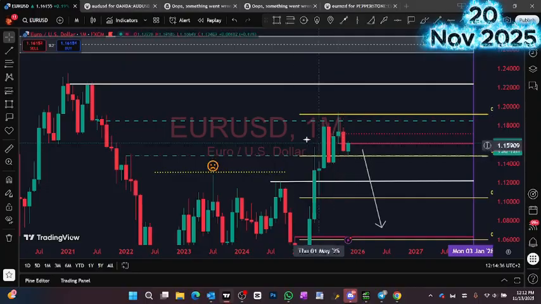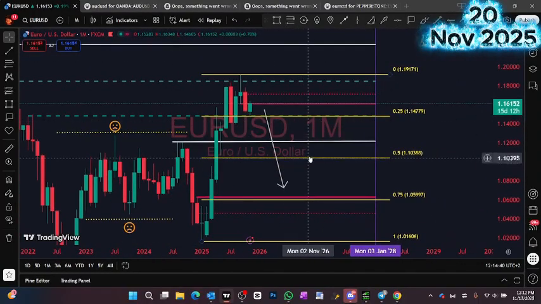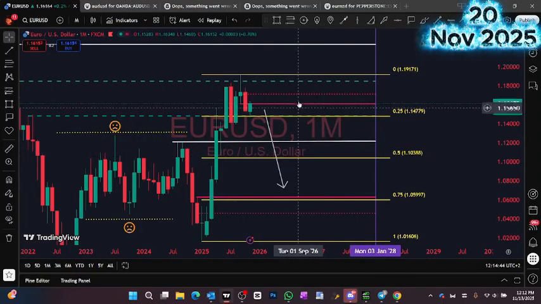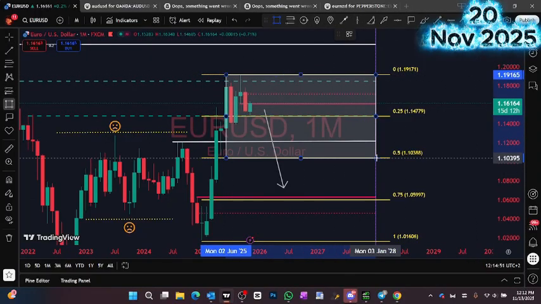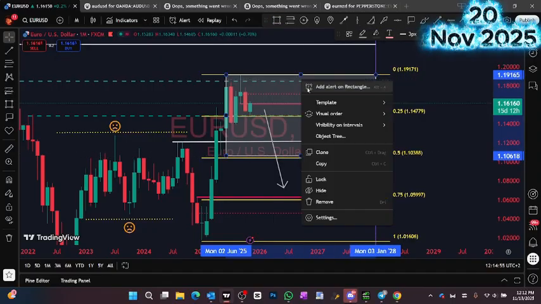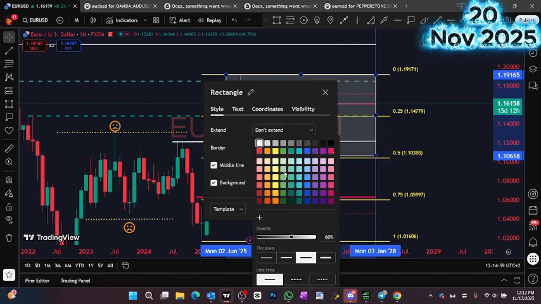You cannot buy while it's on top of our 50%, this part. Let me use a greenish color.